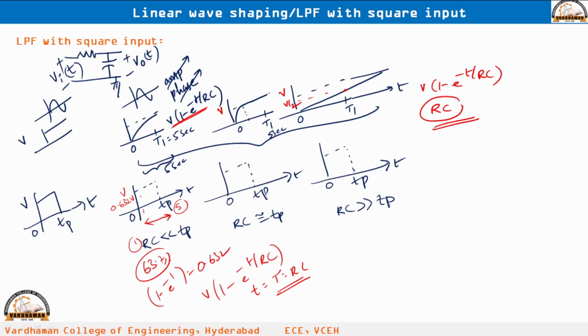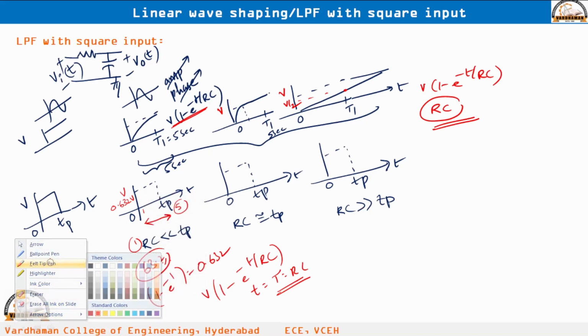After that it slowly reaches V volts. That means actually it has reached quickly. To say it in a better way, I am just erasing this and I will draw once again.